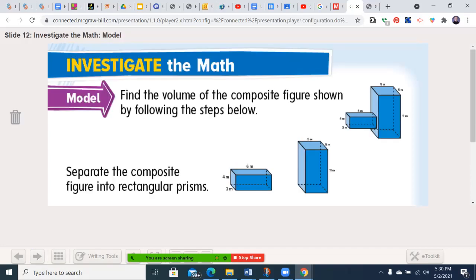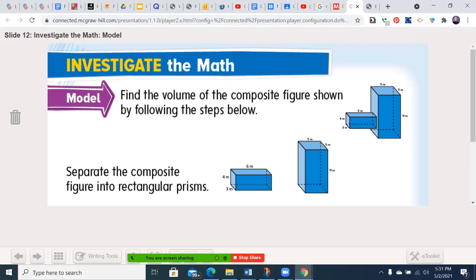So I have a figure here on the right, and it has 5 meters, 5 meters, 11 meters, and then over here I have 6, 4, and 2. I could break it down into two parts because that's the only way you're going to do it.